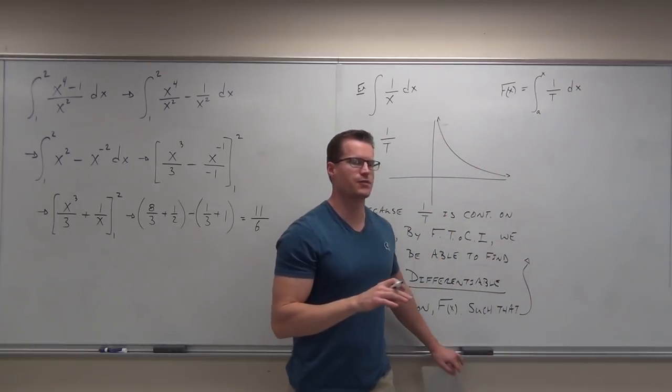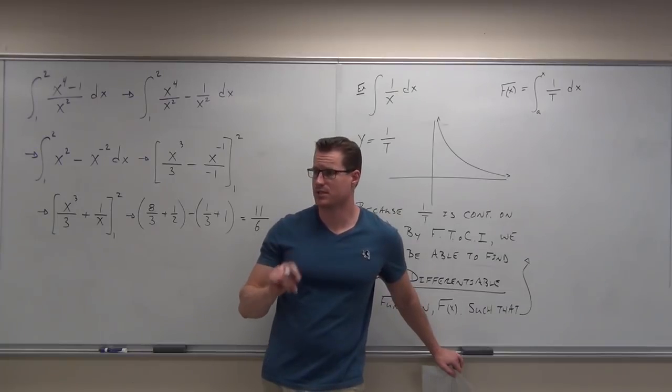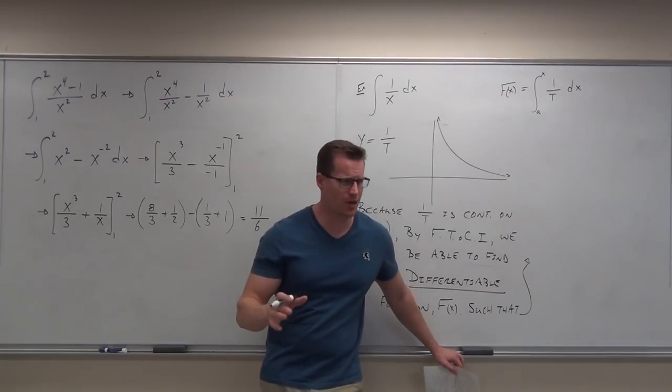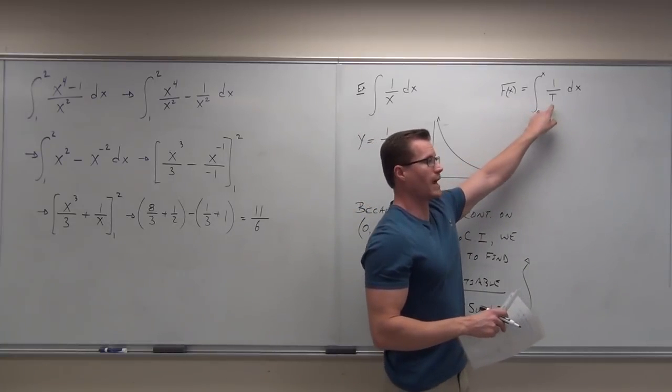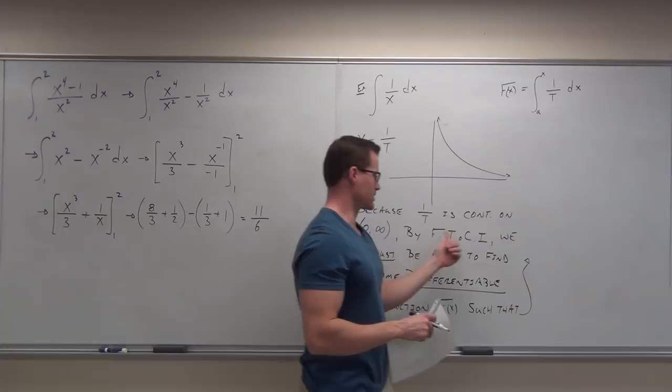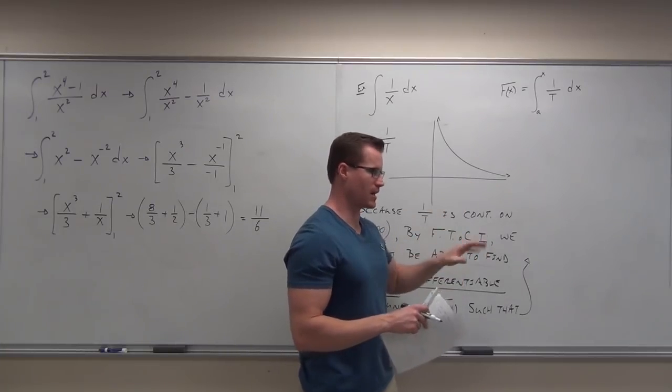That's got to be the case. If you don't believe me, look up the fundamental theorem of calculus part 1. That's exactly what it states. So this is just by definition. I'm not making anything up here, okay? This says that this integral has to exist. It's got to exist because it's continuous, and fundamental theorem of calculus part 1, which is proven, says it exists. It's got to be there.